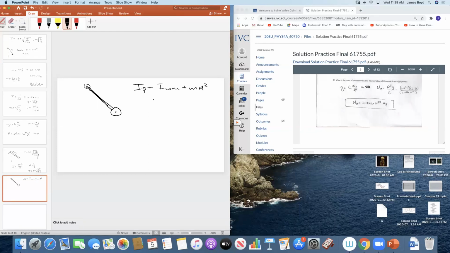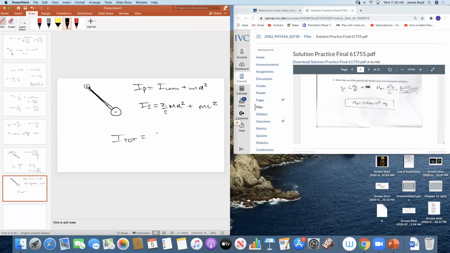This is obviously L, so for the sphere here, sphere about its center was what? 3/5 of the solid, 2/5, 2/5, 2/3, whatever it is. 2/5 mr squared plus ml squared is the moment of inertia of this thing, plus the moment of inertia of the rod, right?